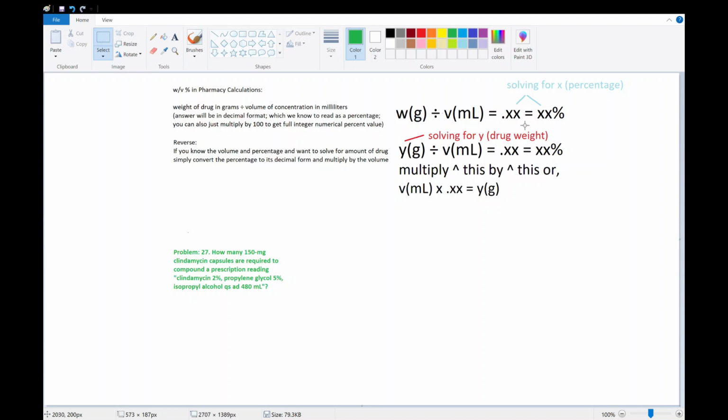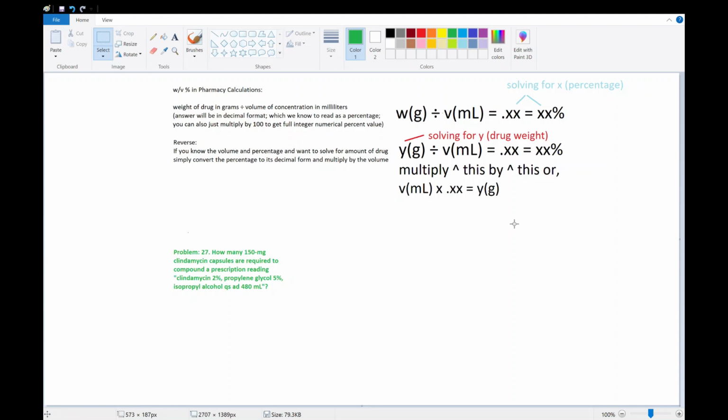So we're going to do it the same way in reverse: volume in milliliters, which we are given, times percentage, which we are given, expressed as a decimal. Even if the word problem does not convert it to a decimal for you, take that extra step and convert it, because that is the correct way to set up your formula. That is going to give you the dry product weight of the drug.